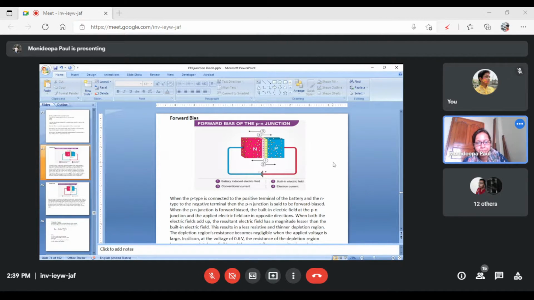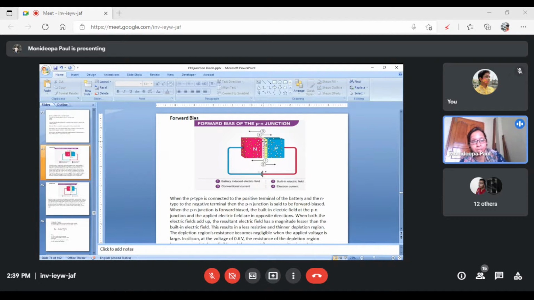Okay. So when you connect the P-type side to the positive, this is the forward bias condition. When you connect the P-type with the positive side of the supply, then voltage is flowing. That means we apply the voltage across this, and in the stable condition, there is a potential difference in the depletion region.